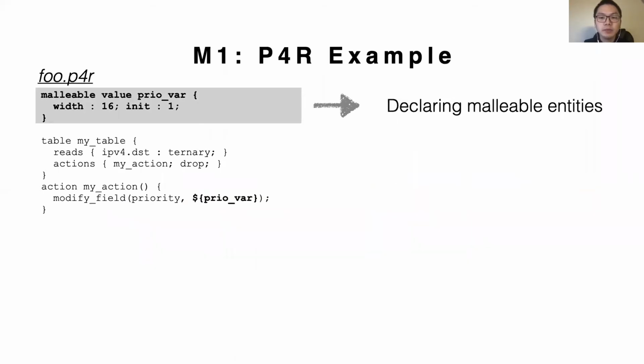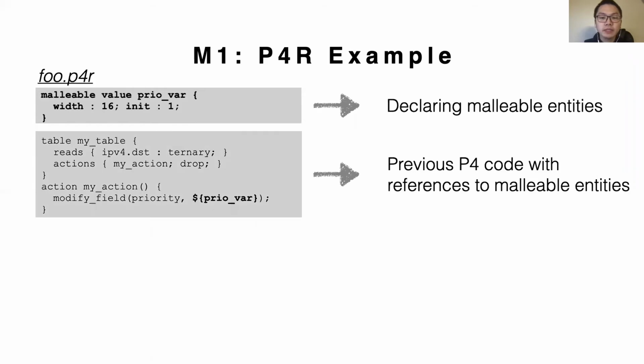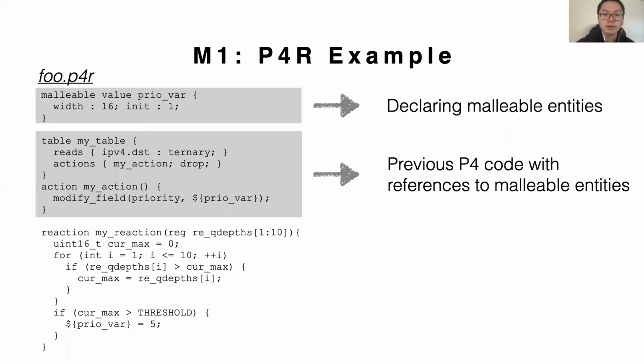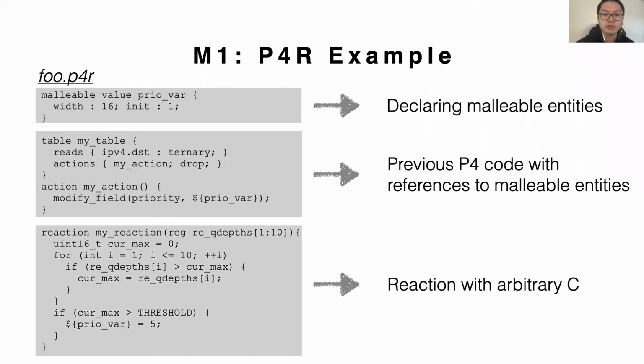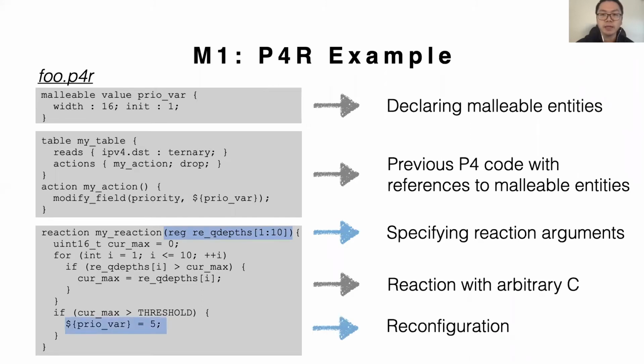First, we declare a malleable entity, for example, a malleable value, that takes a 16-bit value and gets initialized to 1. Next, we replace the constant value with a reference to the defined malleable value. Finally, we define the reaction function that specifies the data plane measurement tuple, the arbitrary C code to compute the control logic on a general-purpose CPU, and the reconfiguration of the malleable entities with a simple syntax.